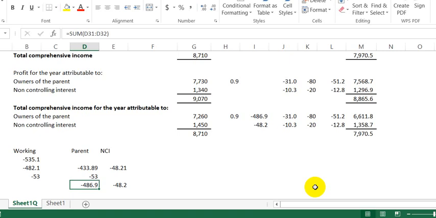Please, let's practice and practice. As you can see, it's quite friendly. They are not bringing very complicated calculations, but you just have to remember the knowledge on consolidation.